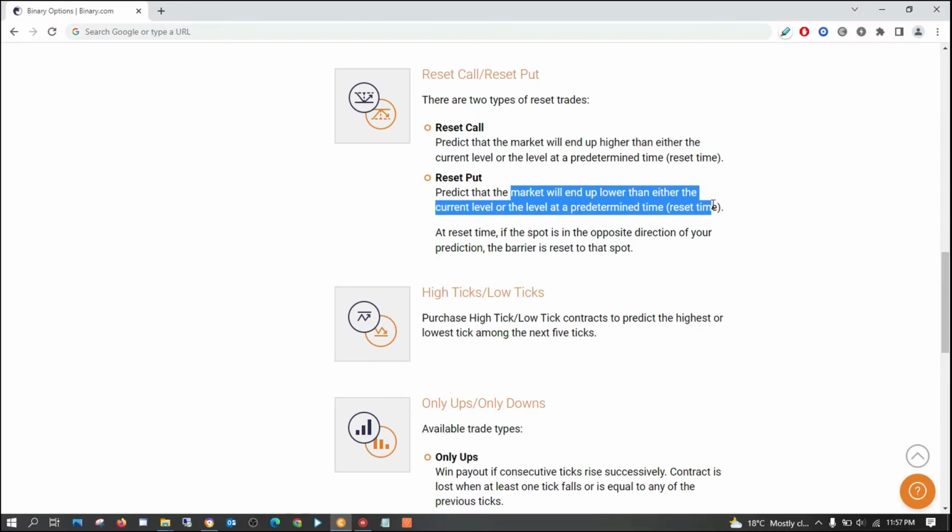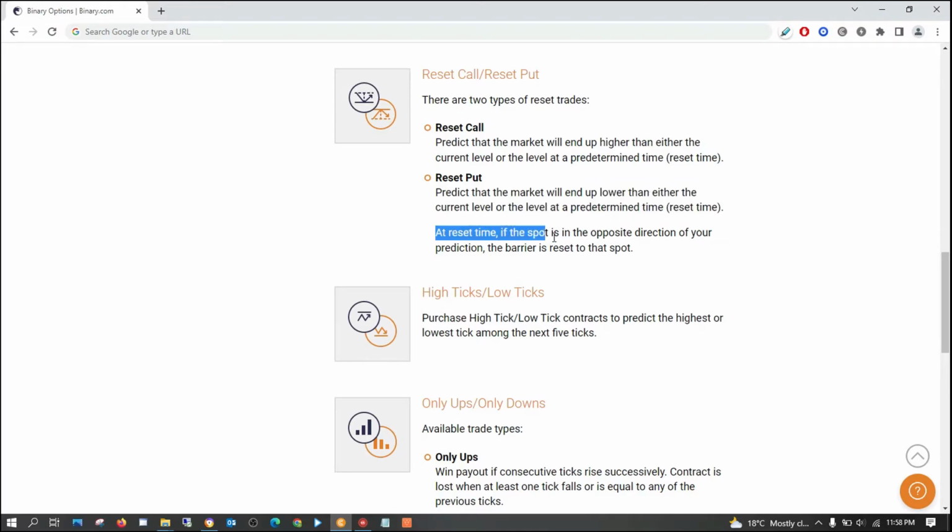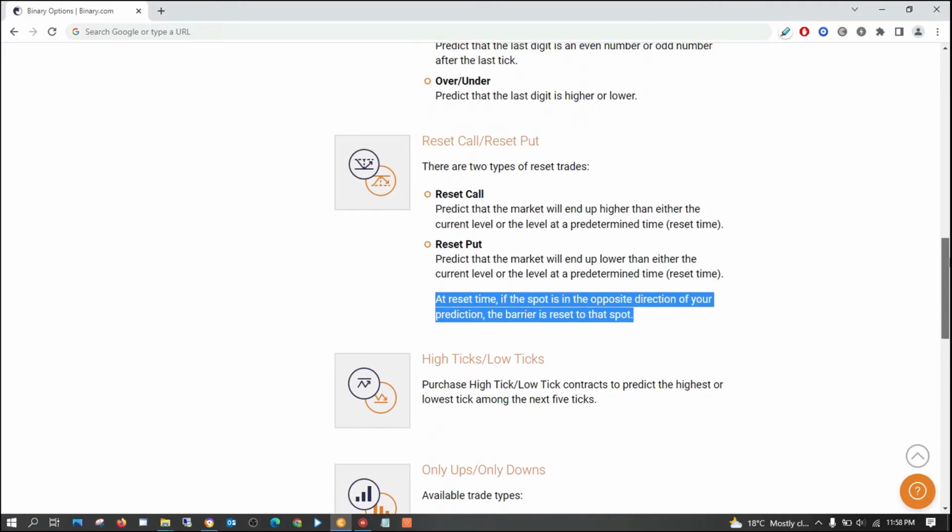We'll show how this one works. You'll also see exactly how this works. At the reset time, if the spot is in the opposite direction of your prediction, the barrier is reset to that spot.